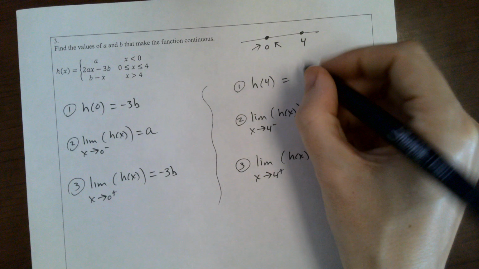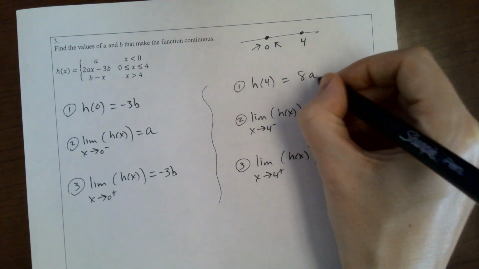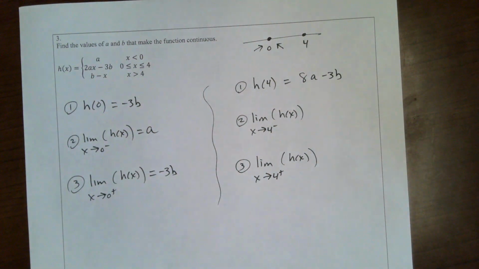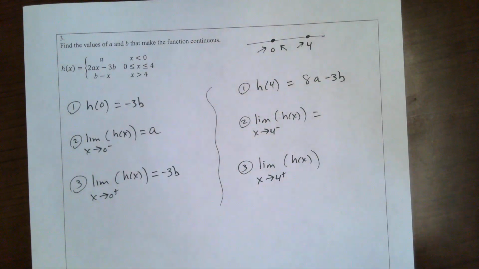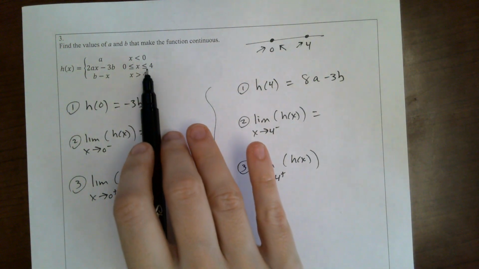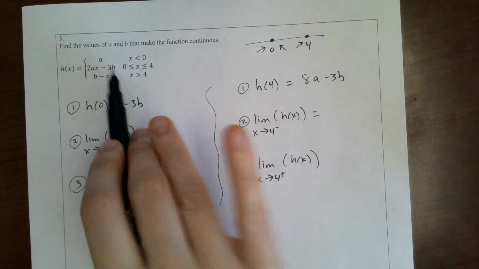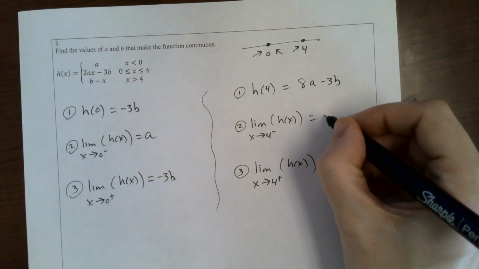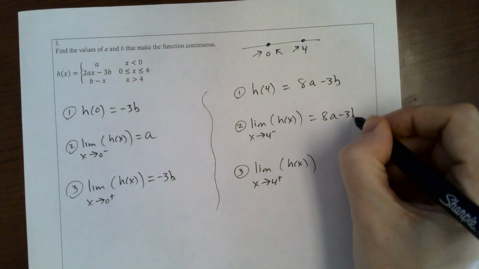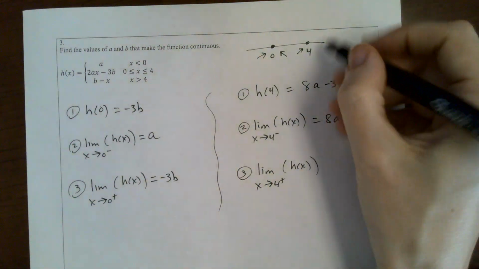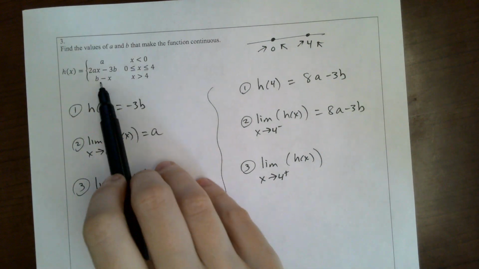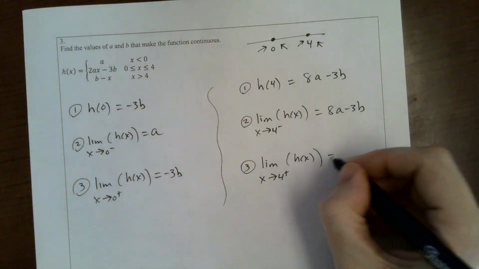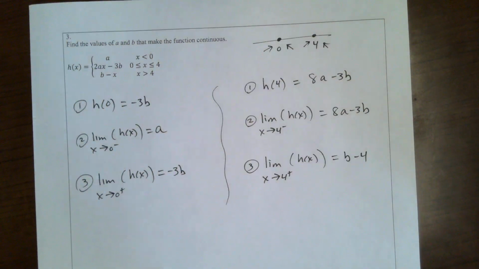So that would be 8a minus 3b. Okay. And then approaching 4 from the left, I'd be plugging into this middle. So again, 8a minus 3b. And then for approaching 4 from the right, I'm plugging into here. So that's b minus 4.